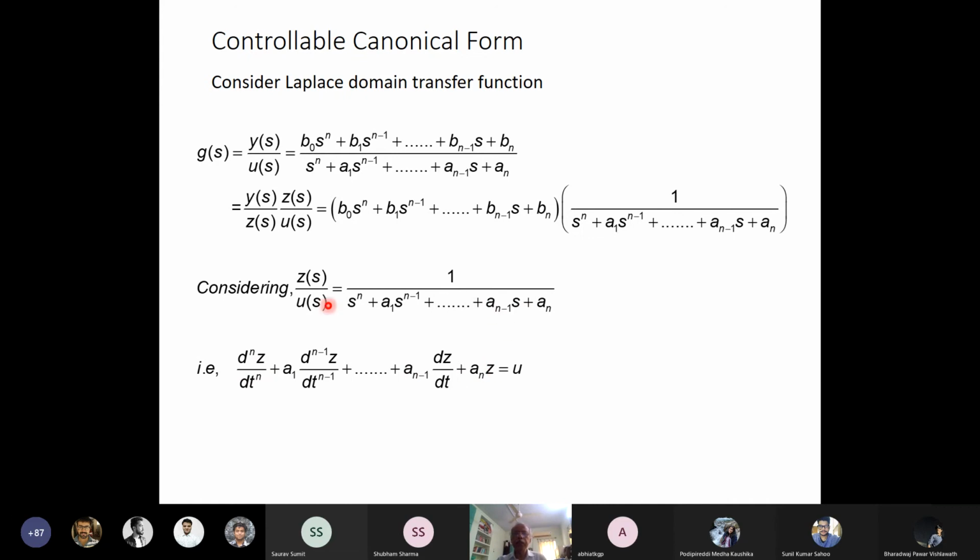Now Z(s)/U(s) is this term, so I can write it in a differential equation form, basically an nth order differential equation: d^n z/dt^n + a1 d^(n-1) z/dt^(n-1) and so on equals u.